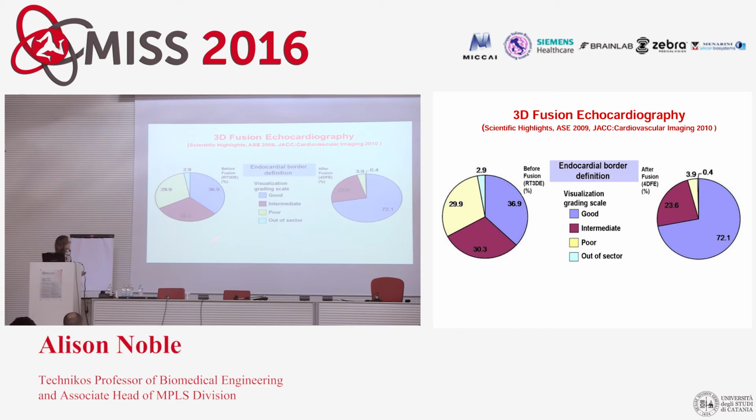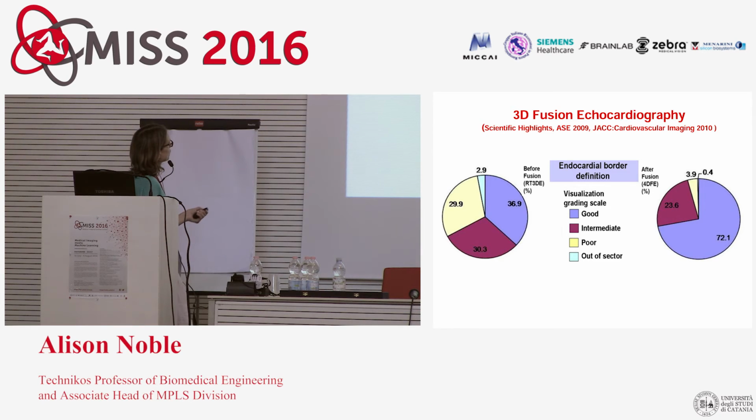In the best single view, you ended up with a pie chart that showed, if you took good and intermediate as being acceptable for automated image analysis, which was my definition at the time, about 67% of the data we could use, and we'd struggle with the rest. If you do this technique of putting multiple scans together, it goes up to 95% of your data being usable for image analysis. So pretty impressive improvement.